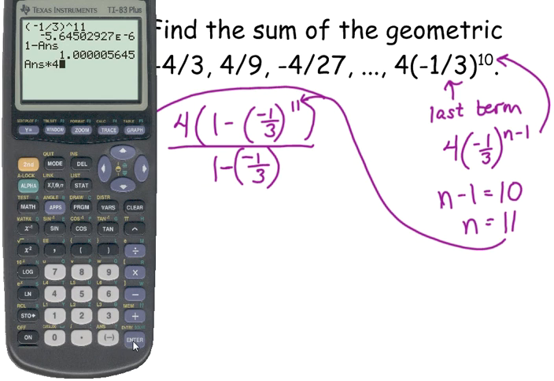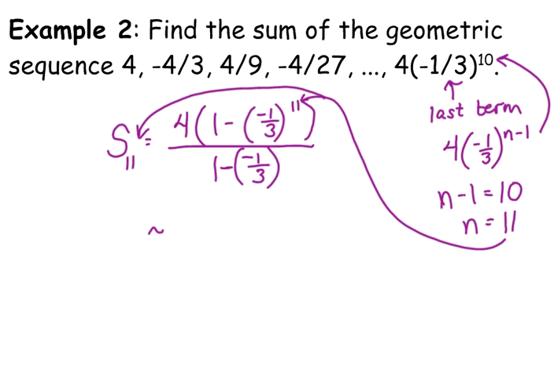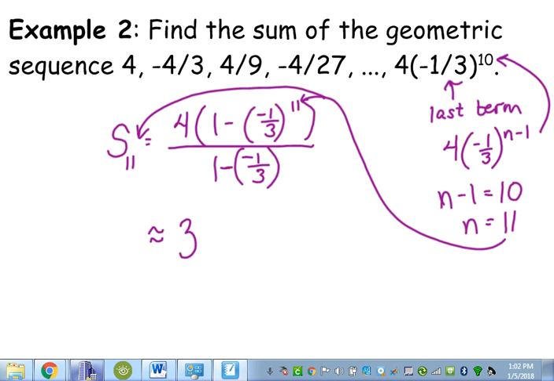Multiply it by 4. And then divide it by, parentheses, 1 minus negative 1/3. To get the sum of these terms, we'll just go ahead and say that's approximately 3. With that many zeros, we're just going to say that it's 3.